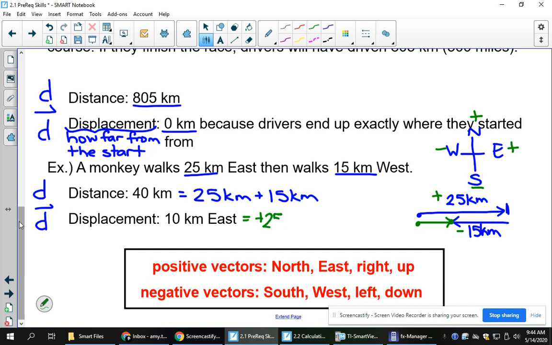What's positive 25 plus negative 15? 25 minus 15, 10 kilometers. We can see from the picture here, east is the direction that they ended up from their starting position.